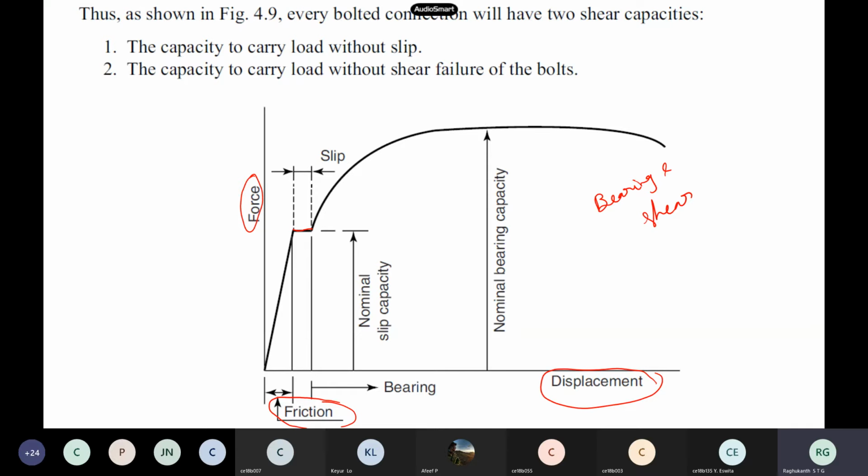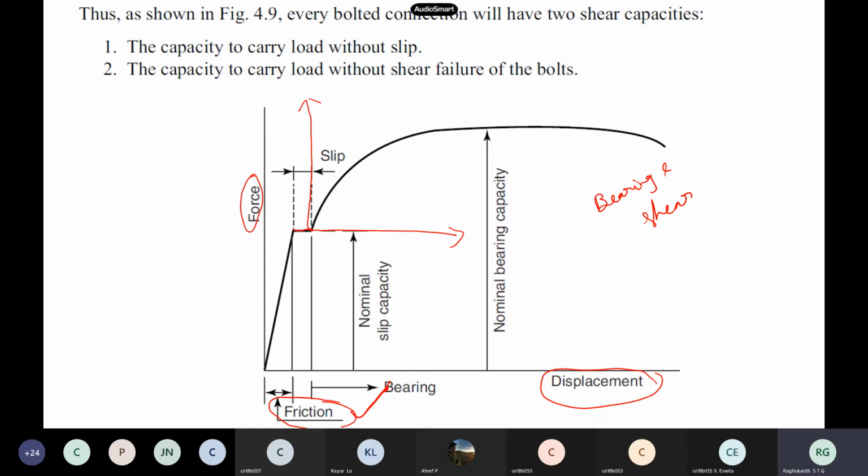Now for HSFG bolts, the friction will be very dominant. If it is an ordinary bolt, it will not have any friction, so your stress-strain curve can directly start from here itself, for ordinary bolts. But HSFG bolts also, once friction has given up, become like an ordinary bolt.